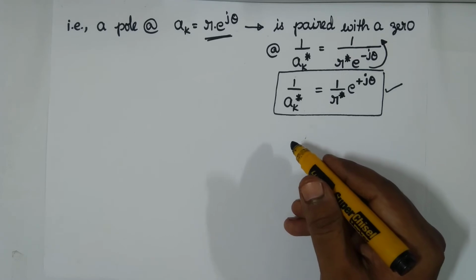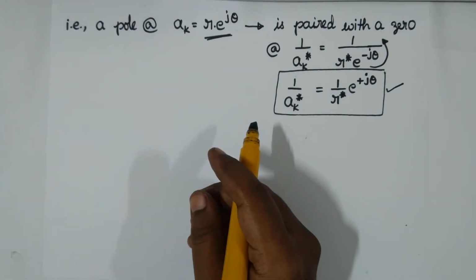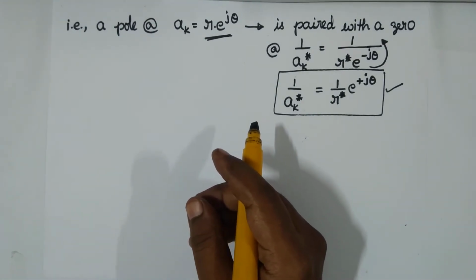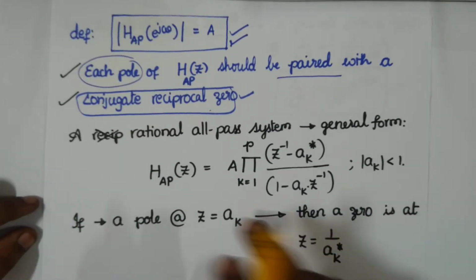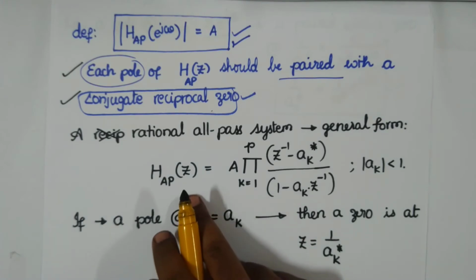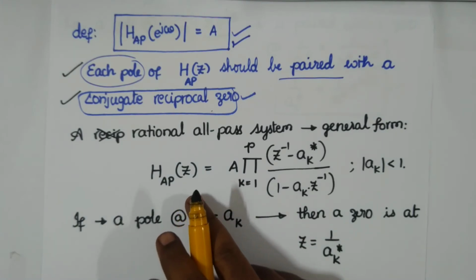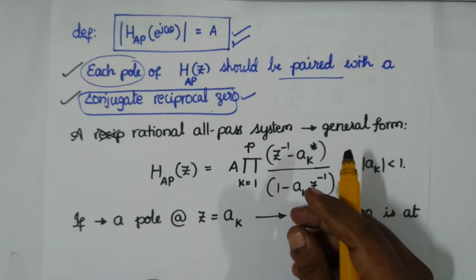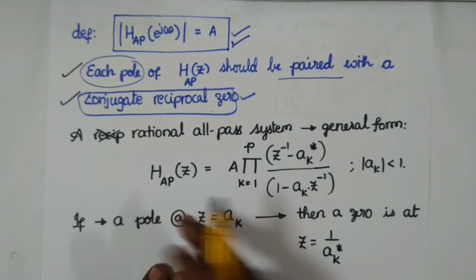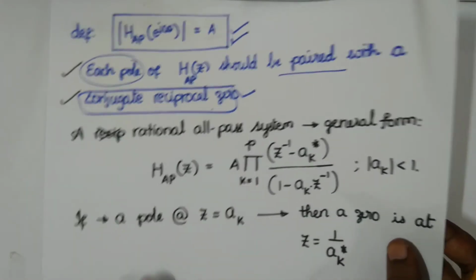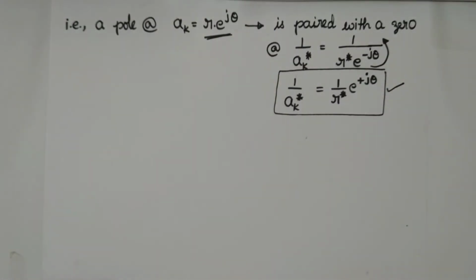Now if your impulse response, because H of z, let me take it here, you see. Now this is your system, right? All pass system. I can take its impulse response in time domain. So if this h of n is real, then ak is equal to ak conjugation. That is a well-known fact.